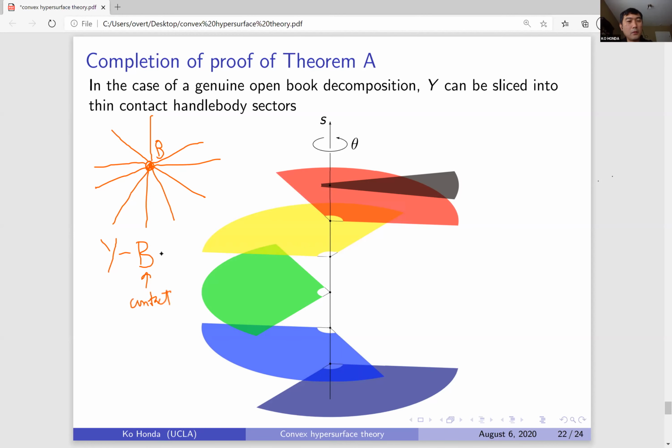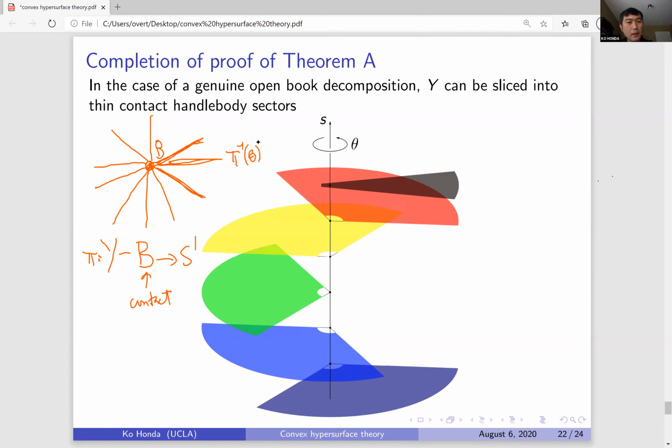And then the rest has a projection to S1. So Y minus B fibers over S1, and these are the preimages of this map, call it pi, the pi inverse of theta.